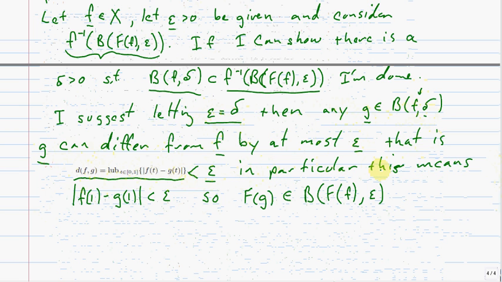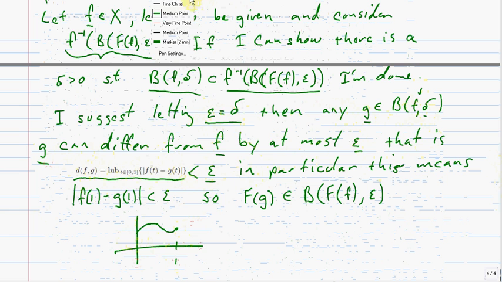That means that, well, if you remember how we think about these, if this is my f, well, I really should just do it on [0, 1]. Let me erase that. If this is my f on [0, 1], then g has to be a function that is well within some margin of error, right?